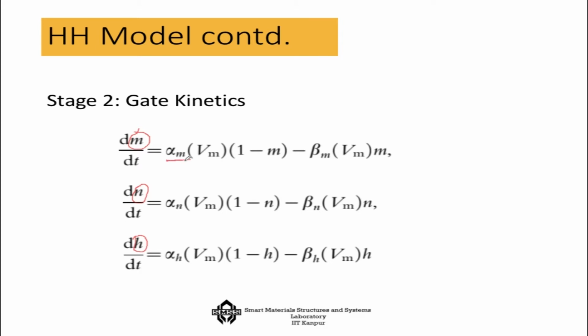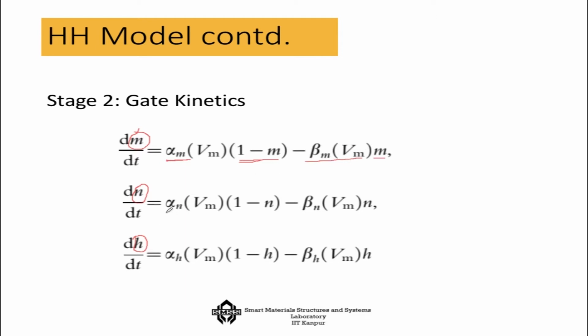So it is alpha M, where alpha M will be the typical rate constant corresponding to M, and 1 minus M. So 1 minus M is the probability that these M gates will be open, and the opposite probability, that it will be closed, will be related to beta M times M, where beta M also is intrinsically a function of Vm.